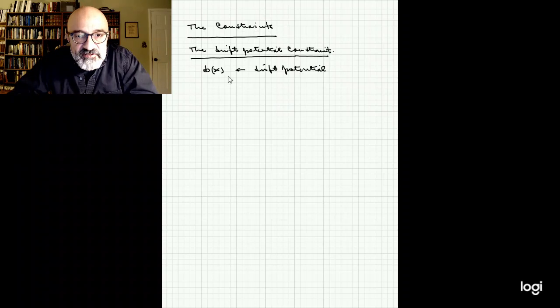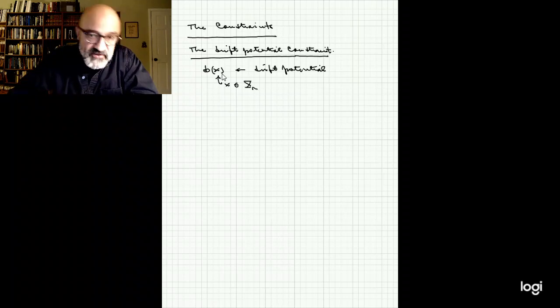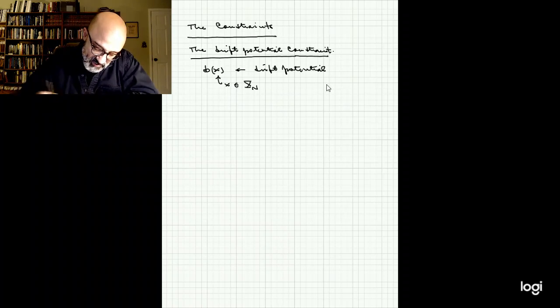And we're going to say there is a constraint, a single constraint in configuration space. Notice that this x is in configuration space. It includes the positions x1, x2, x3, xn, all of them, right? So this is the drift potential, and we're going to write a constraint in terms of this object here.